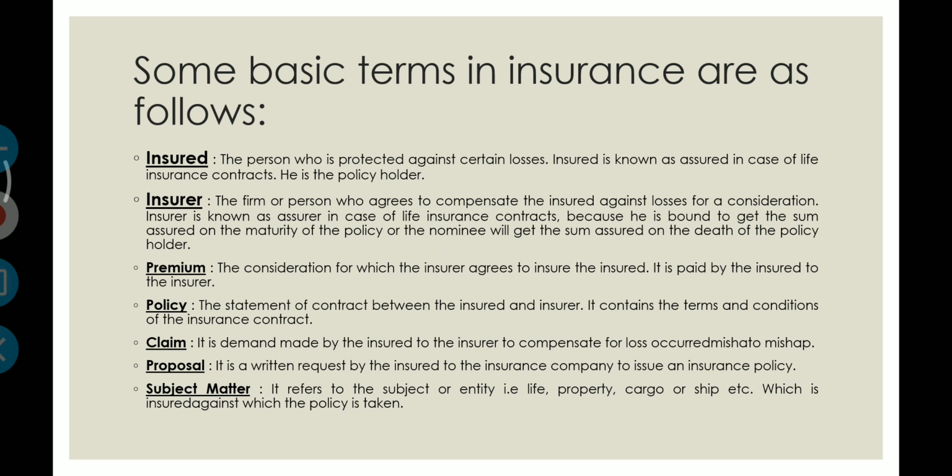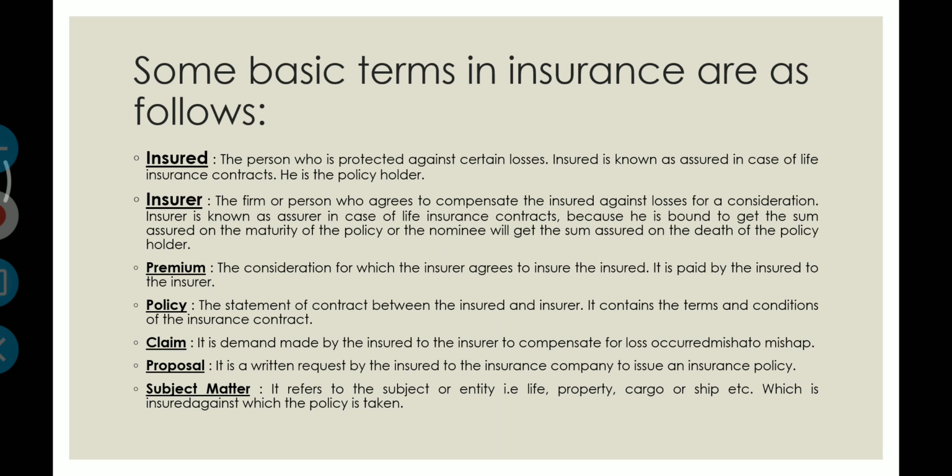But if you are a company which is providing life insurance, you are the assurer. You are the one who is giving assurity that after the life is taken, the family will be compensated, because he is bound to get the sum assured on the maturity of the policy, or the nominee will get the sum assured on the death of the policy holder.